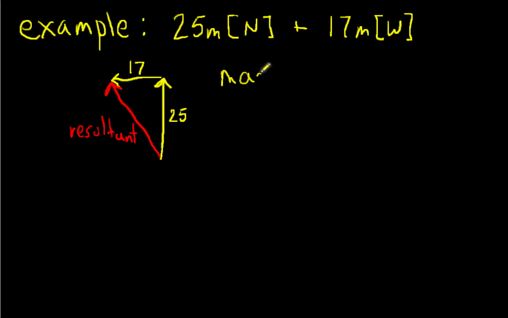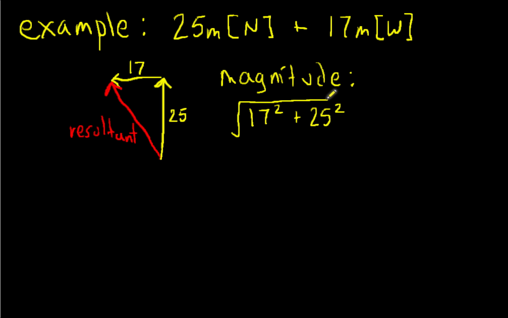The magnitude of the resultant comes from Pythagorean theorem, 17 squared plus 25 squared, square rooted, is 30.